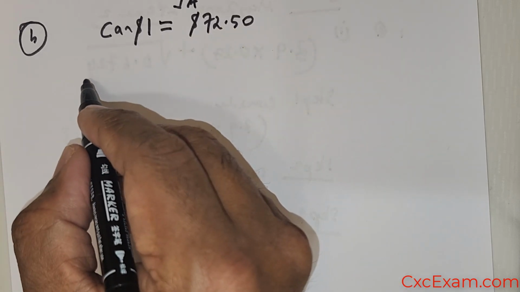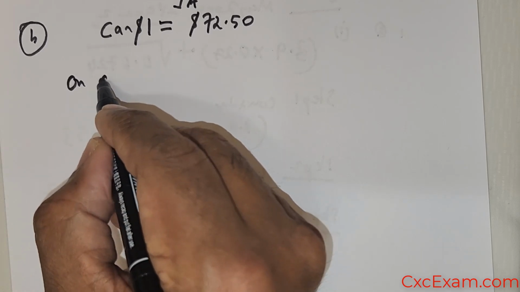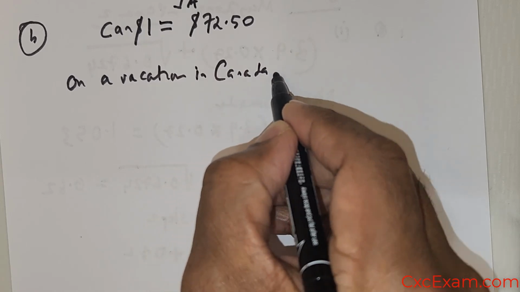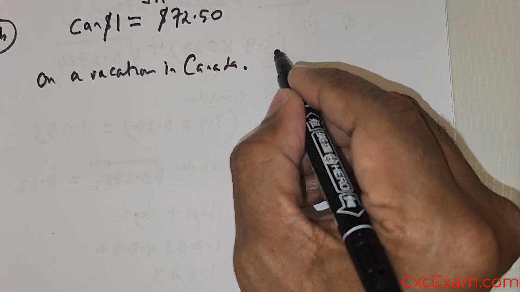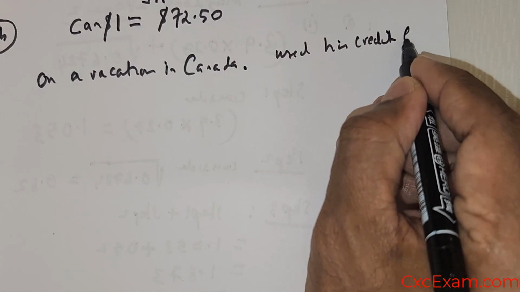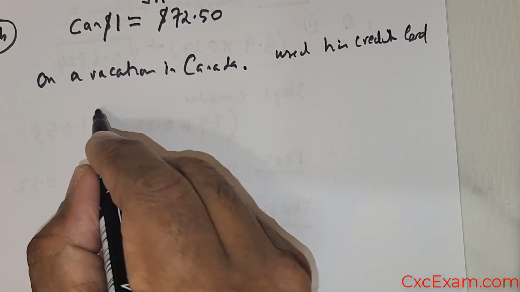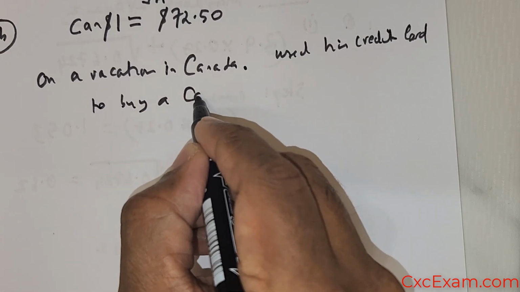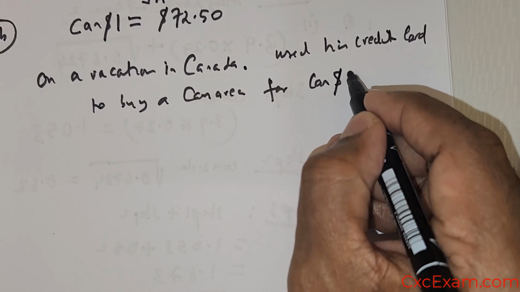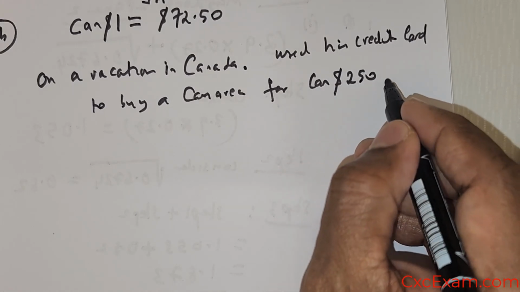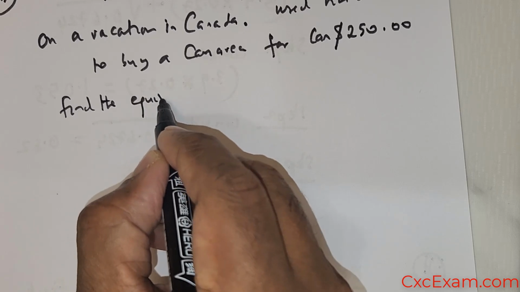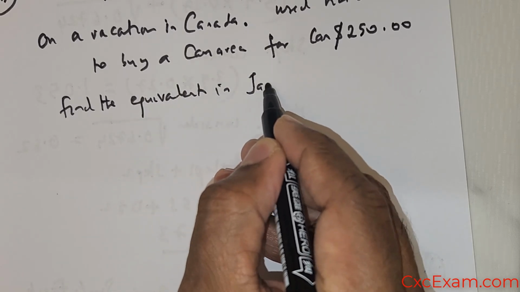The question says this: on vacation in Canada, Mr. Steve used his credit card to buy a camera for Canadian dollar 250.00. Now we are asked to find the equivalent in Jamaican dollar.